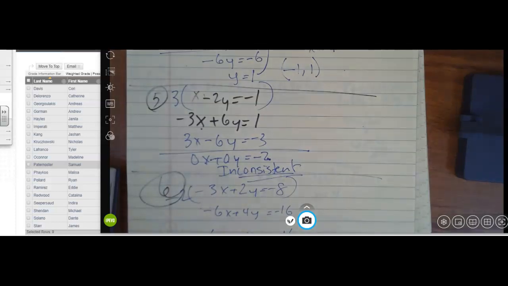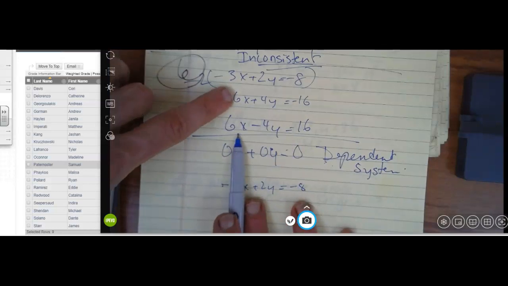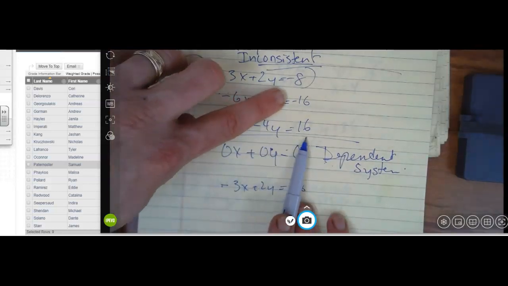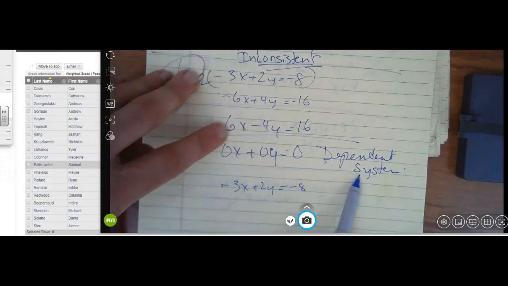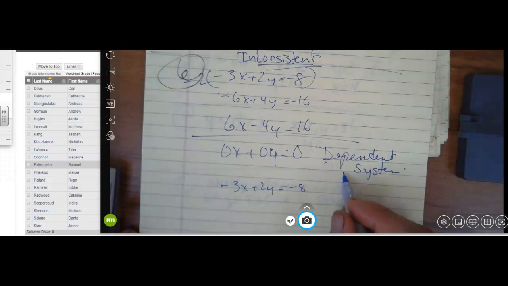Oops, sorry, when you multiply it by negative 2, we get this equation. Combine these two and you get 0x, combine these two and you get 0y, combine these two and you get 0. This is a dependent system, so you could put in an infinite number of x's and y's that would work.